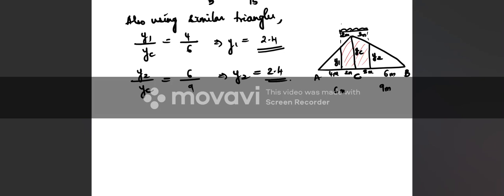Okay. So therefore, now you can find the maximum moment at section C. It is equal to load intensity into area of the ILD.